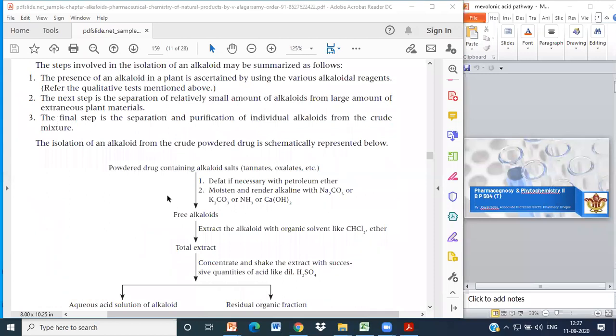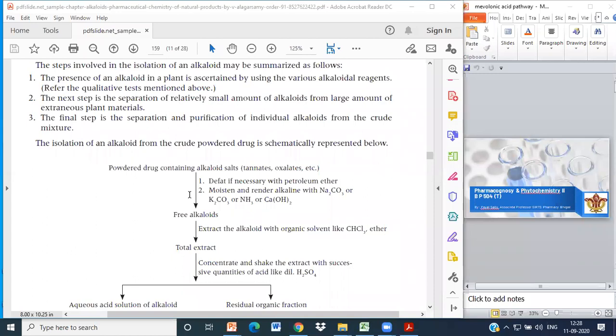First, defat it if necessary with petroleum ether. The foremost step for extraction of alkaloid is defatting, that is, removing the fat part. You have to treat the drug first with petroleum ether. As we learned in the practical part, you run the Soxhlet apparatus: in the round bottom flask you place petroleum ether, and in the thimble you place the drug.